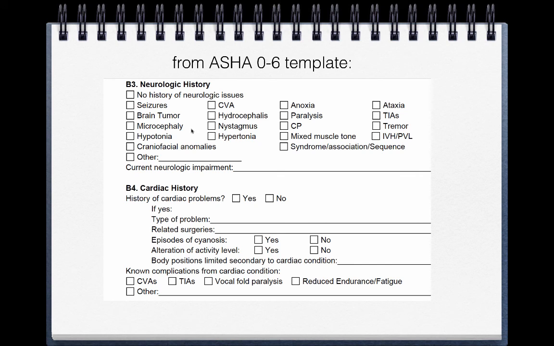You'll want to note also in terms of the cardiac history, have there been specific diagnoses of cardiac problems? And does the baby have a history of being somewhat cyanotic or blue, meaning that there's reduced oxygenation in the blood?